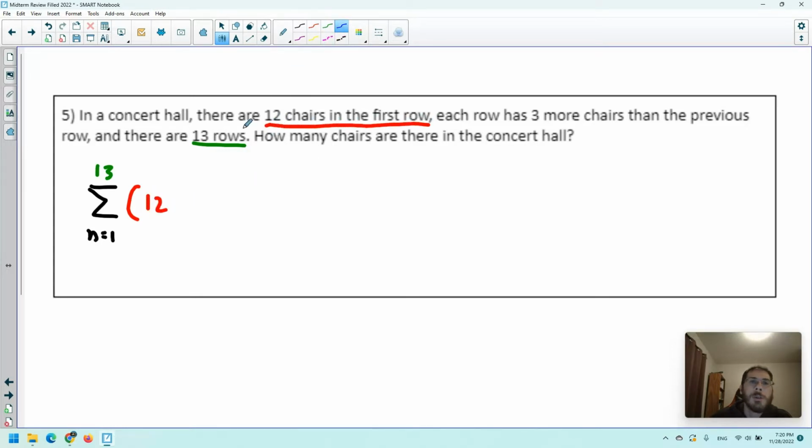And then we do plus parentheses n minus 1 times, and we got to find d. In this case, d is going to be 3 more chairs in every row. So that's what we've got. I'm going to write that in general form over here, just in case we want to study the form.